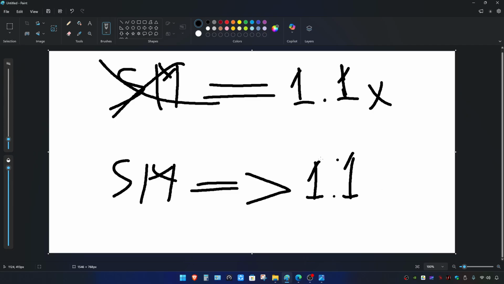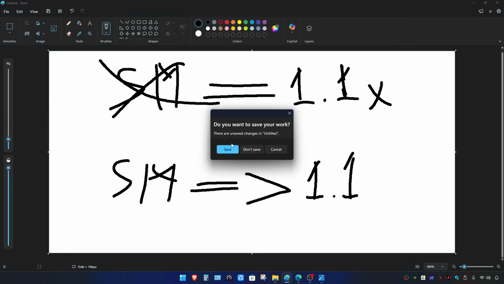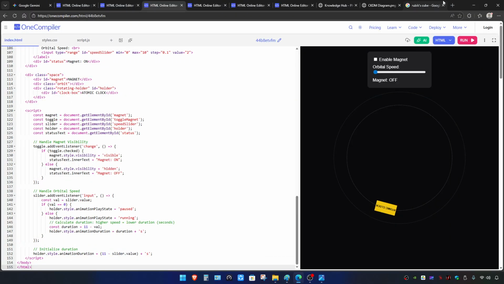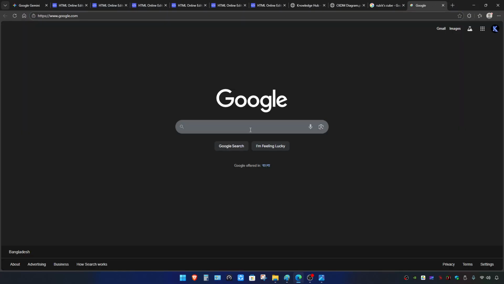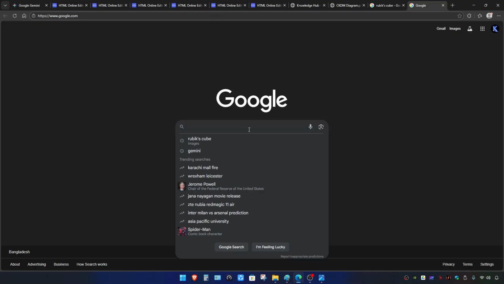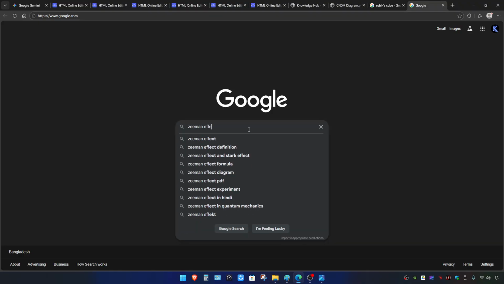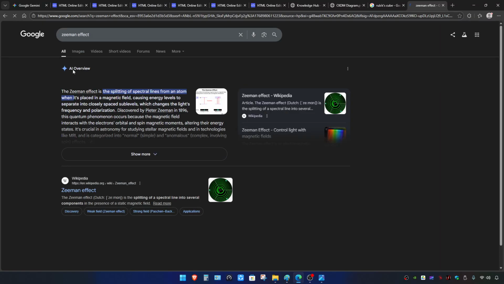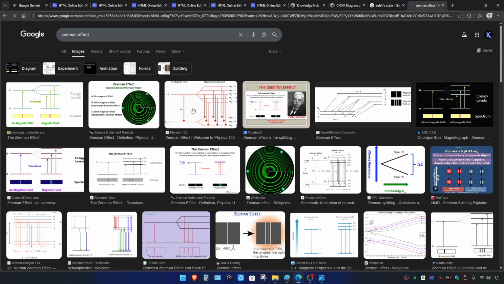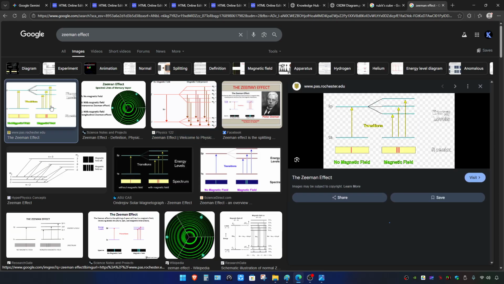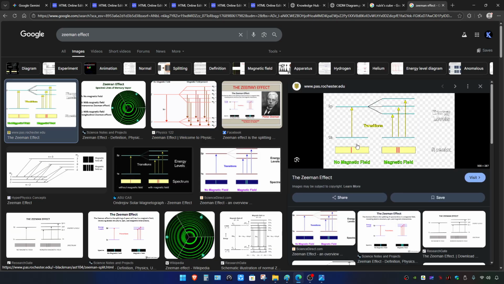So why am I saying this? Because there was a certain experiment done by another scientist, known for the Zeeman effect. In the Zeeman effect, this guy used a certain measurement device to look at the frequency of light using a certain crystal to see what type of color they show.